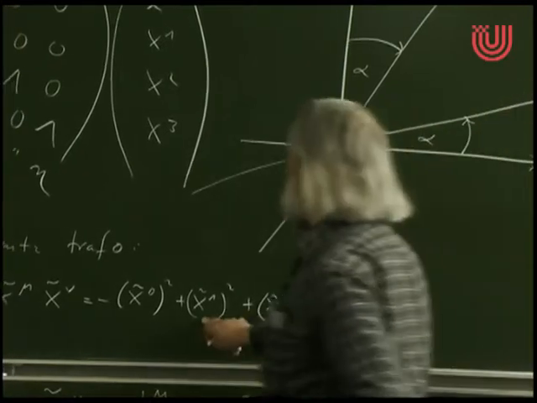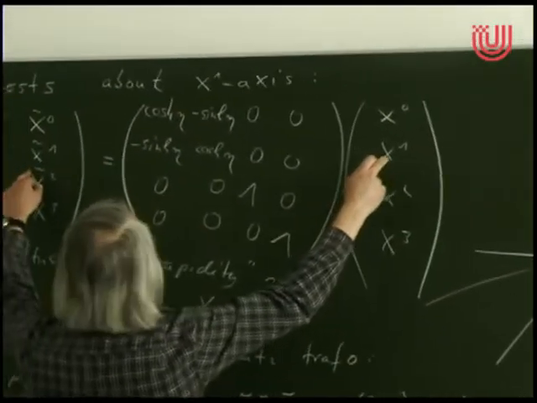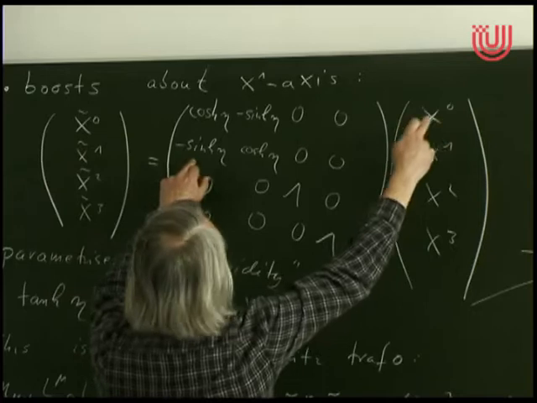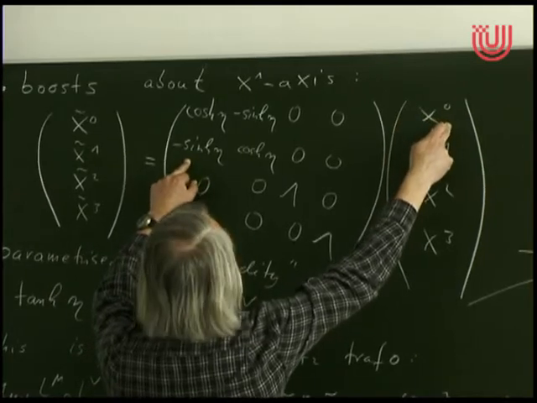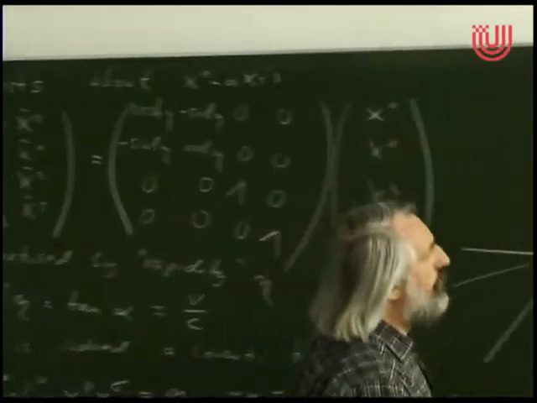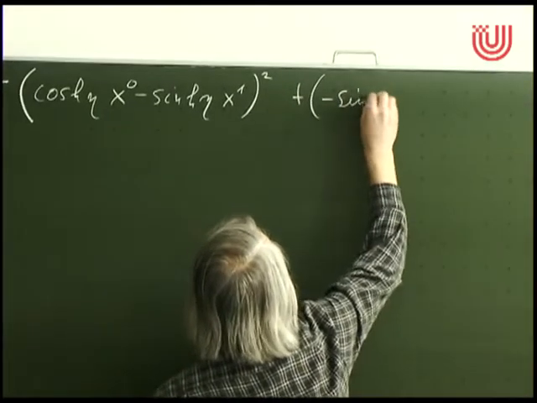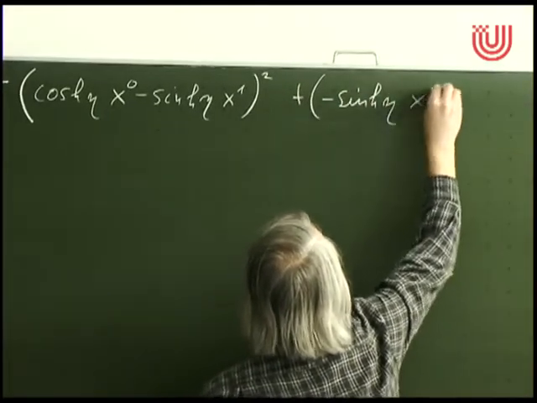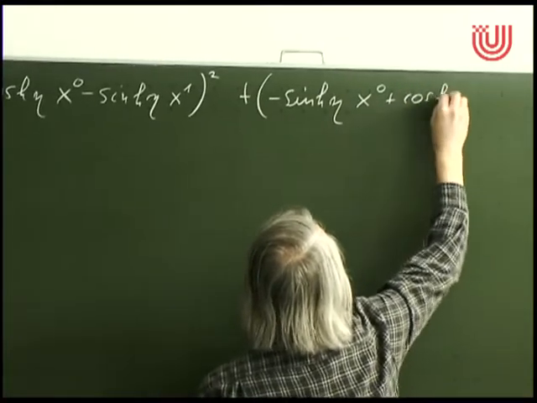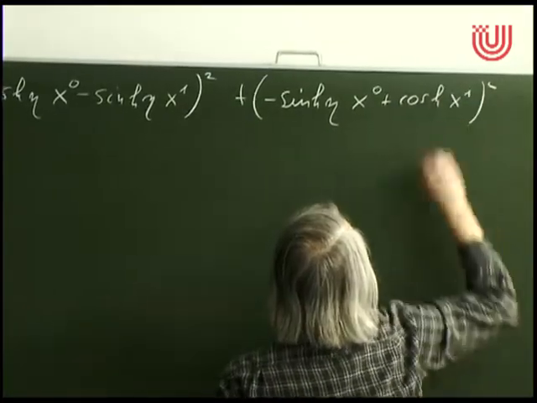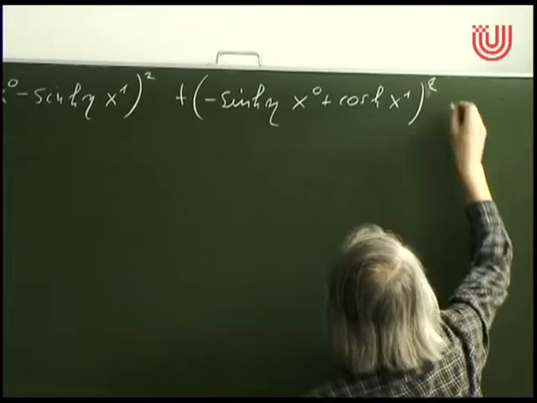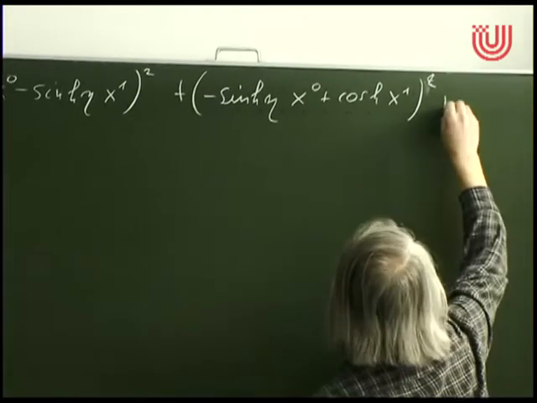The second one, x1 tilde, is here. Minus sinh eta x naught plus cosh eta x1, and the other two remain unchanged.